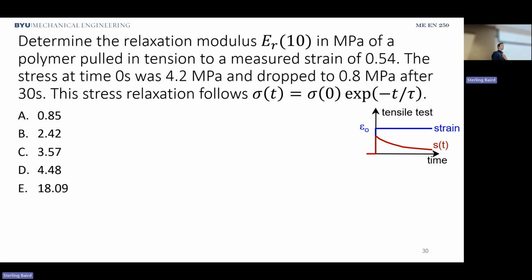Maybe about 10 seconds. Anybody have an answer? Sure. D? Okay. 4.48. So sigma of t equals, we're given sigma of 0 as 4.2 times exponent of negative t over tau.